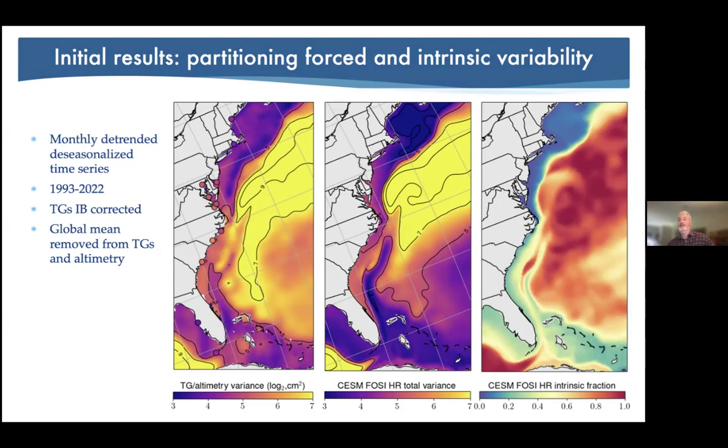And if you look at it, you can see almost entirely eddy intrinsic variability in the Gulf Stream after it detaches, very low variability due to eddies and intrinsic variability on the northeast US coast, and then somewhere in between when you get to the southeast US coast, where both of these play a role in determining coastal sea level variability in the Gulf and southeast coasts. So I think these are promising in terms of really figuring out what the different factors and different timescales are that are involved here, although it's still preliminary.